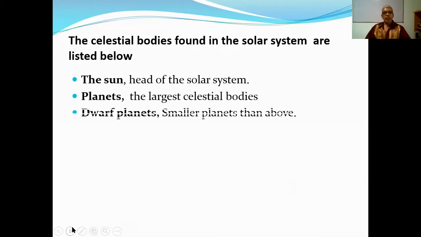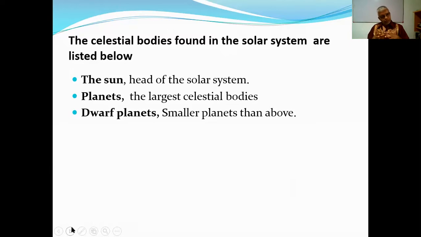Then dwarf planets. Dwarf planets are not real planets because they do not possess some features that can be seen with the planets.